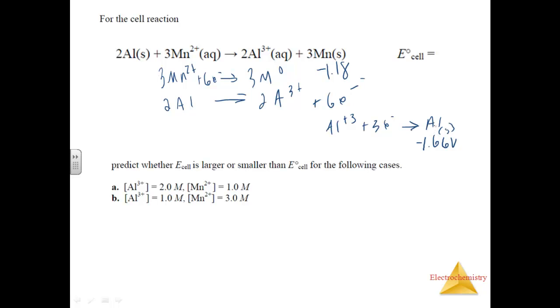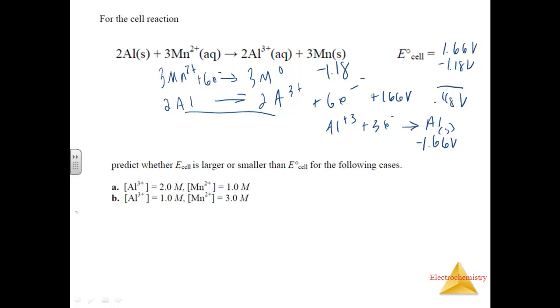But because I have shifted the reaction around, this is going to be a positive 1.66 volts, because the aluminum is undergoing oxidation and not reduction. So my E cell is going to be 1.66 volts minus 1.18 volts. Go ahead and punch it with me: 1.66 minus 1.18 gives me 0.48 volts. That's a little practice using the table.